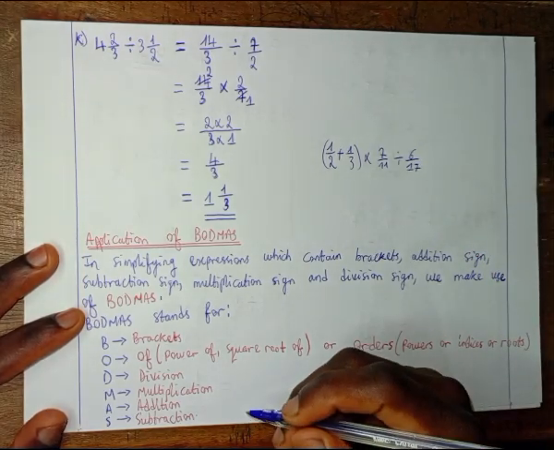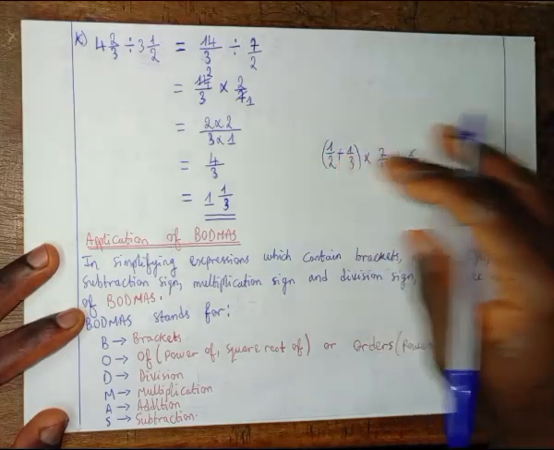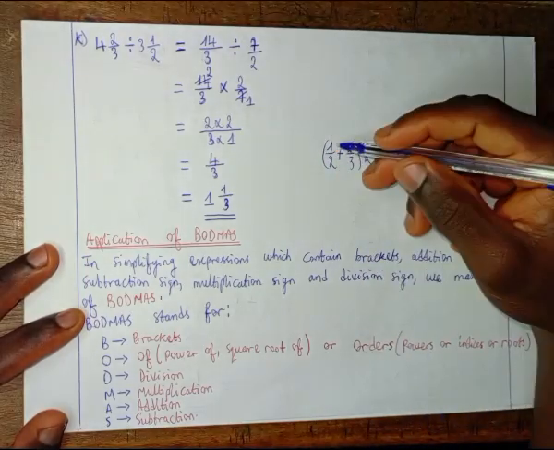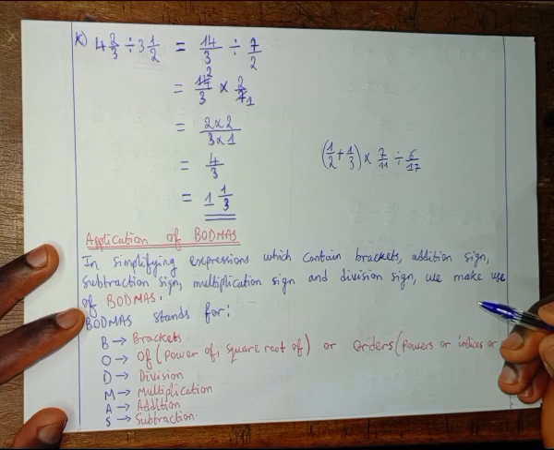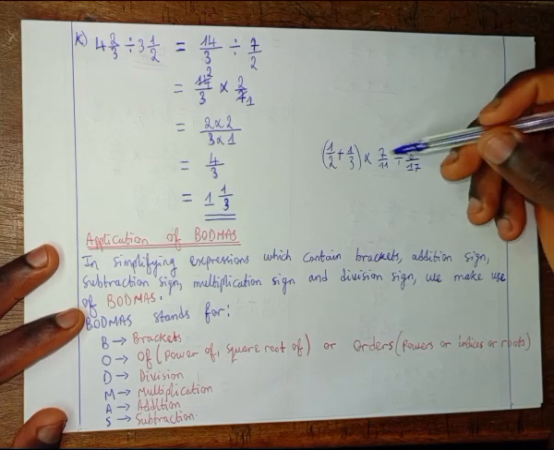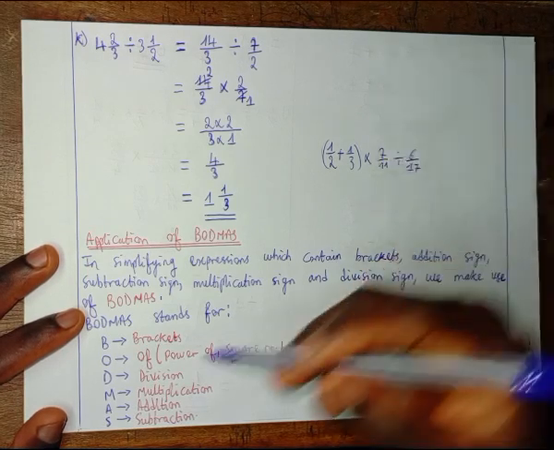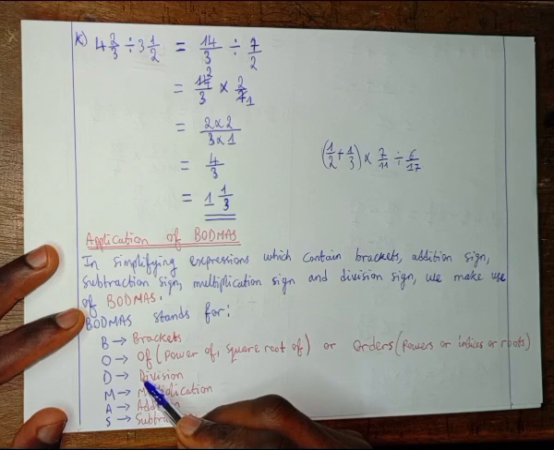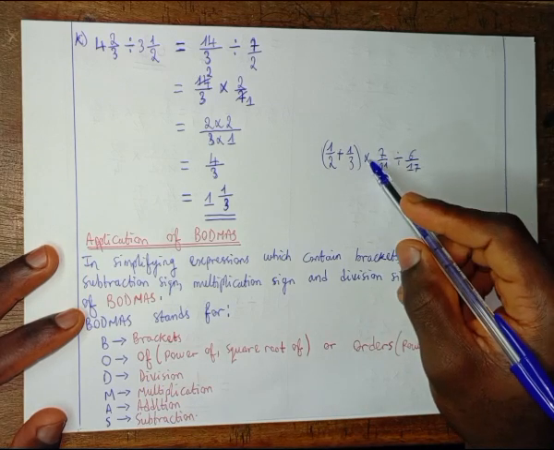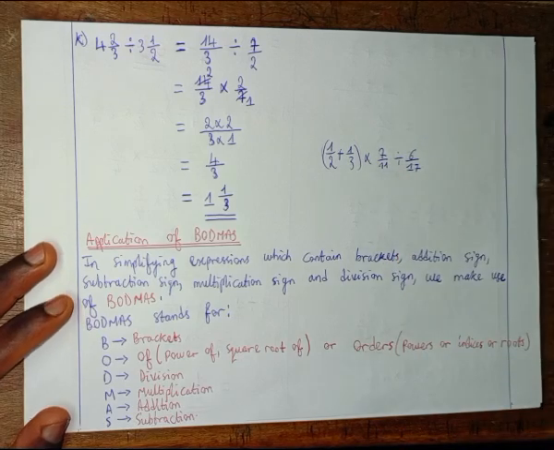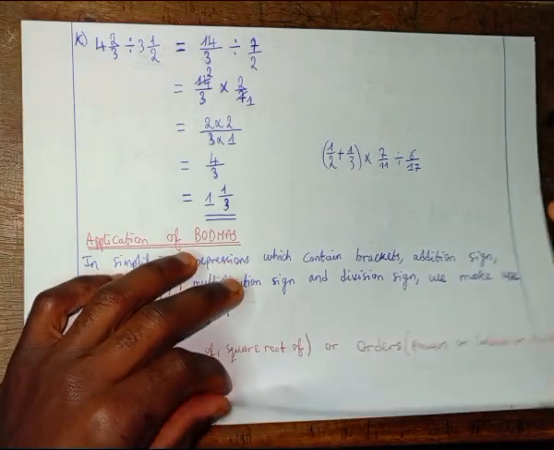As such, for you to evaluate this, you will start by evaluating what you have in the brackets. Next thing, you go now to division before carrying out multiplication. Now let's take an example on this.